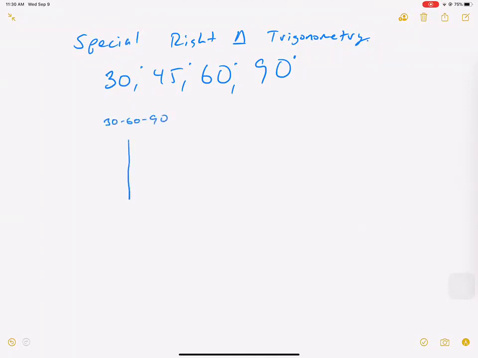Okay, so this is what a 30-60-90 triangle looks like. We have one short side next to the 60-degree angle, one long side next to our 30-degree angle, and the hypotenuse. So we'll call it short, just so you can see it. This is long, and this is hypotenuse. No matter how I spin this triangle, even if I draw it in this arrangement here, remember, 60 is a fatter angle than 30.